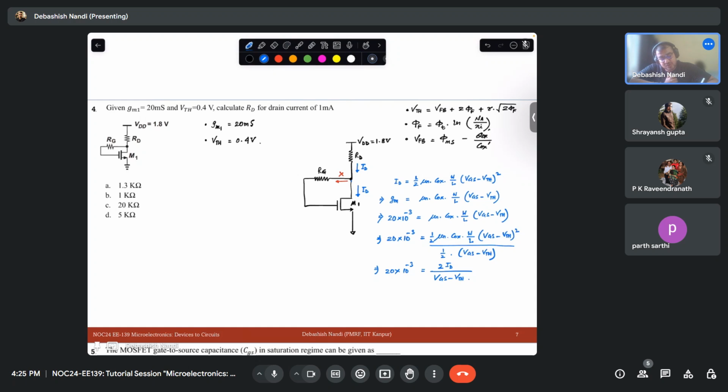Is your ID given? ID is given as 1 milliampere. So VGS minus VTH is what? 2 into 10 raised to minus 3 over 20 into 10 raised to minus 3, since 1 milliampere and 20 millisiemens are given. So it is 0.1.